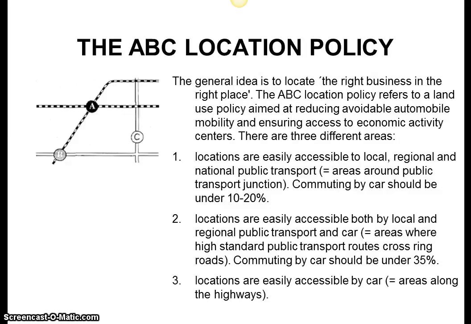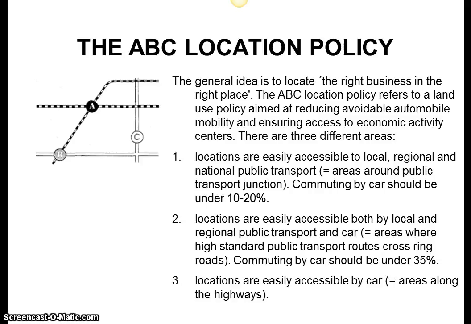And this is the ABC location policy, for example Class A, connected by railway, with very limited access by private car. Even the traffic light will give you all red if you drive your car, but if you walk you will get green and green and green.